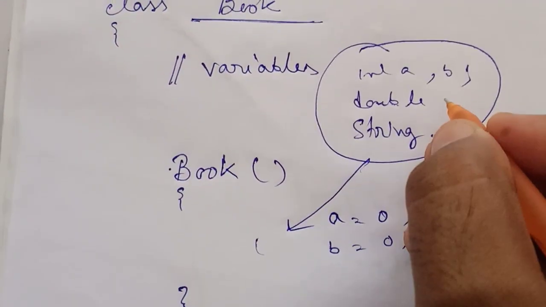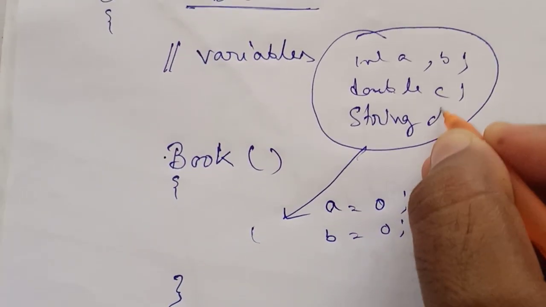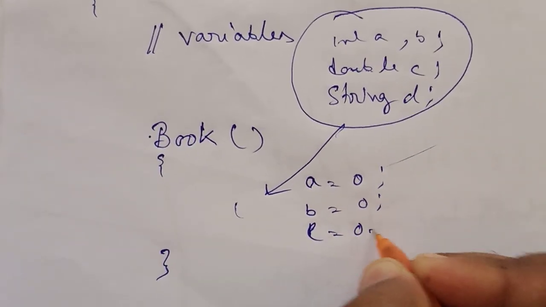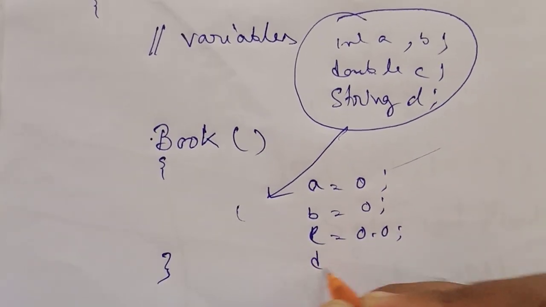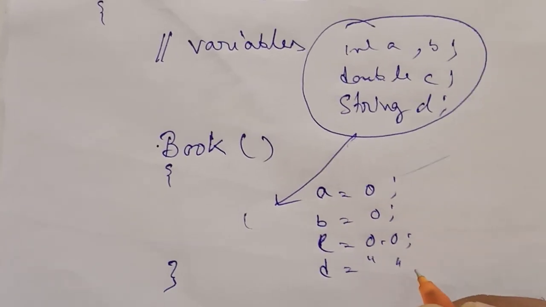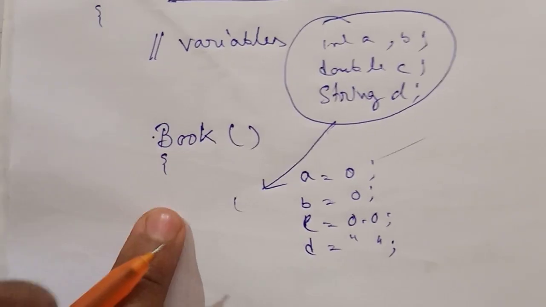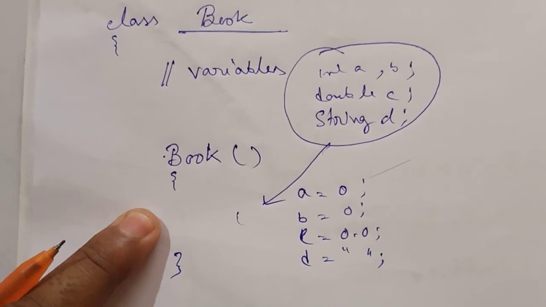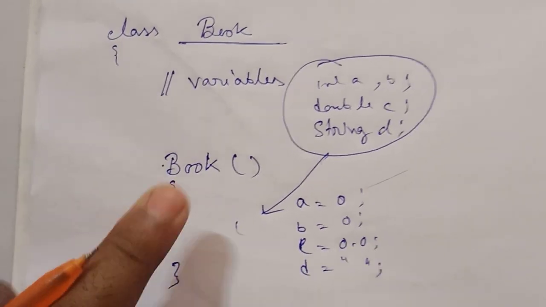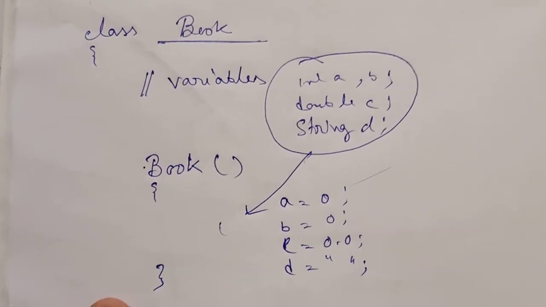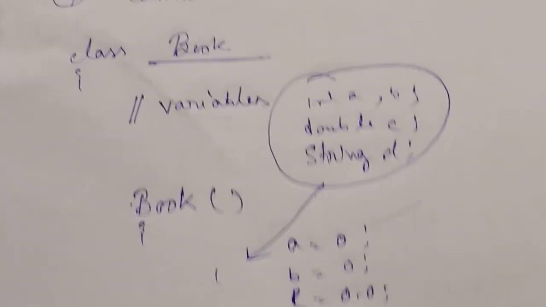Suppose double c is here and string d is here. So c is equal to 0.0 and d is equal to double quote open, double quote close. This much you will do inside this particular constructor. If it's present in the question, you write it, otherwise leave it. Clear?